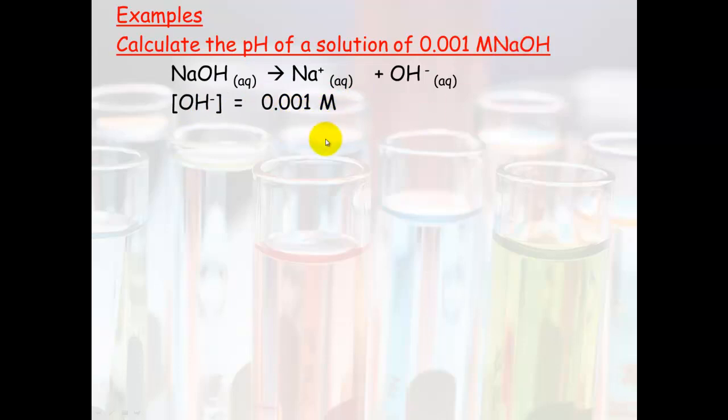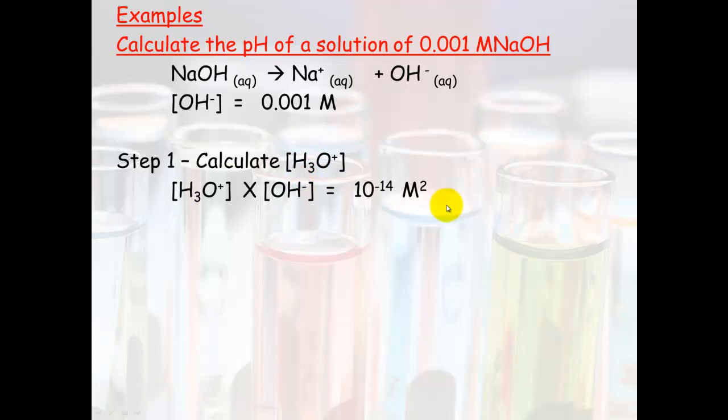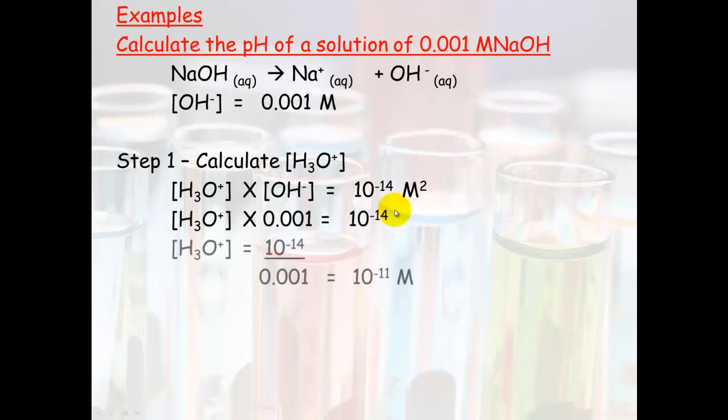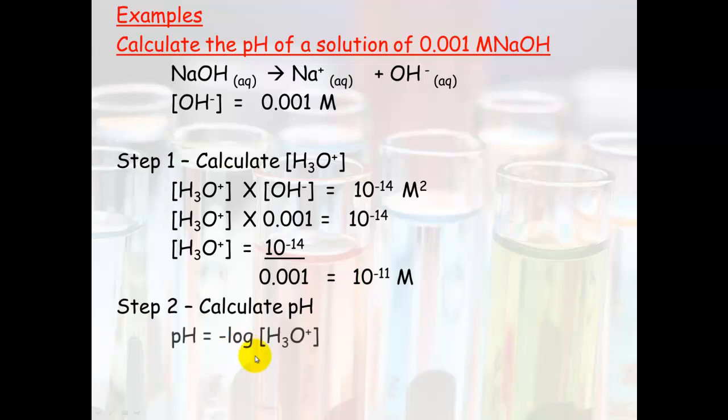So we just need to use this. Step 2, we need to calculate the hydronium concentration. So we put it into this formula here and we solve for the hydronium concentration. Once we've solved for the hydronium concentration, we can calculate the pH. pH equals negative log 10 hydronium concentration, which equals negative log 10 to the negative 11, so pH equals 11.